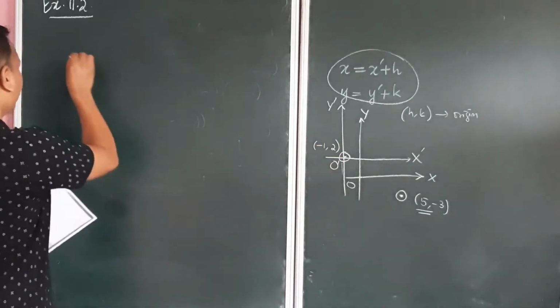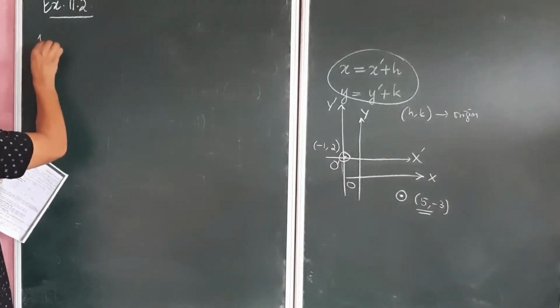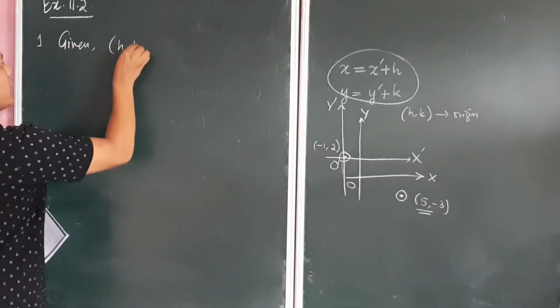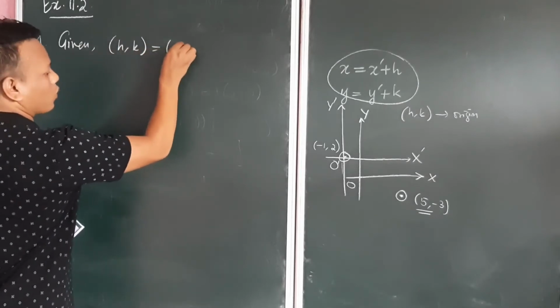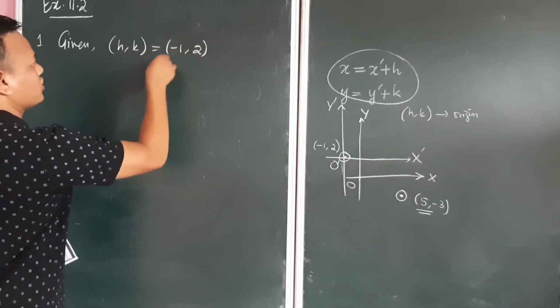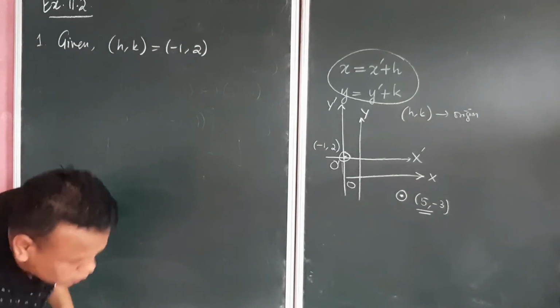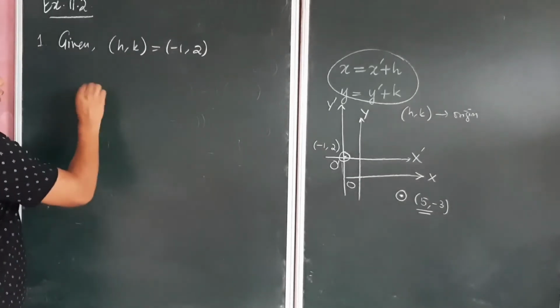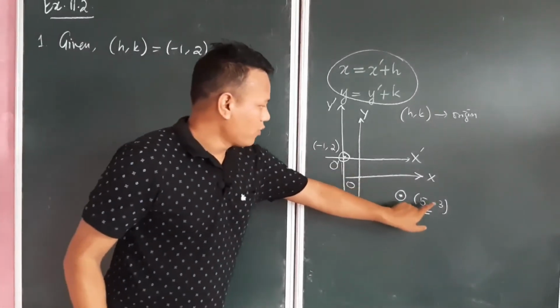So given is h comma k is minus 1 comma 2, the one which is shifted as origin. Now we have 5 comma minus 3.